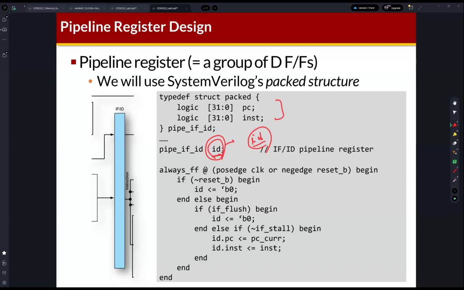We learned that in order to represent the pipeline register, we just indicate the two stages, like instruction fetch/ID. I also define the packed structure for this pipeline register as the instruction fetch ID type, but I name the variable for this structure ID.